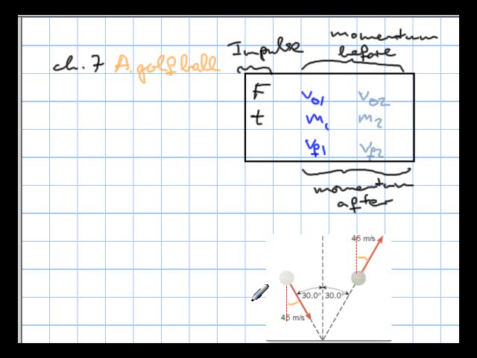So when I do that on the calculator, I come up with 45 times cosine of 30 degrees, and that comes out to 39.0 meters per second.